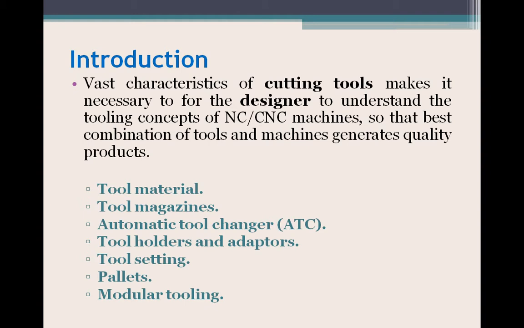The ways and methods to hold and adapt the tools. What different tool settings are available, what pallets are, and what modern tooling is available. In this unit we are not going to deal with tool materials. All the remaining points we will discuss one by one. So we'll start with tool magazines.